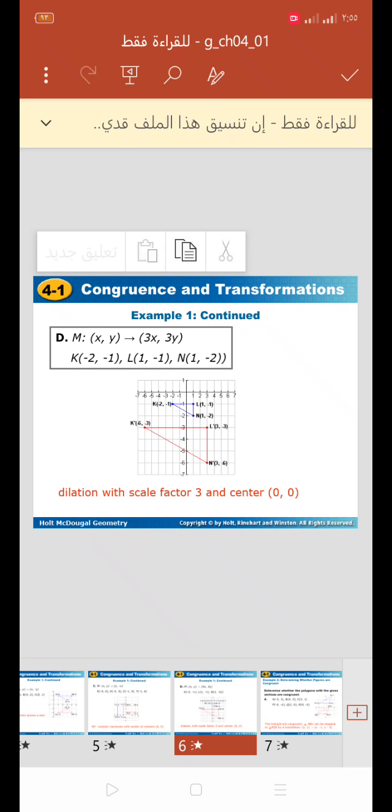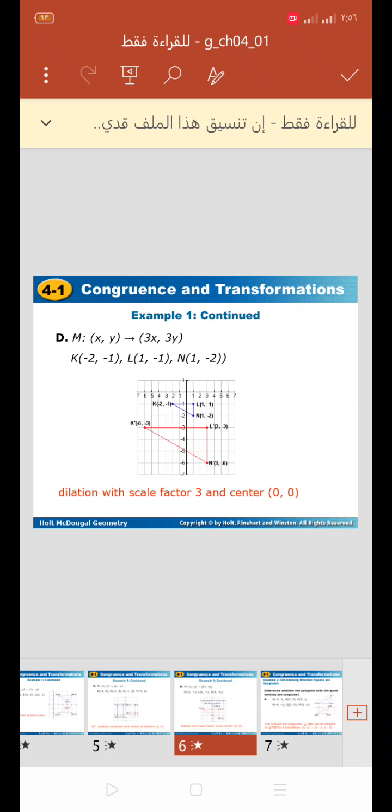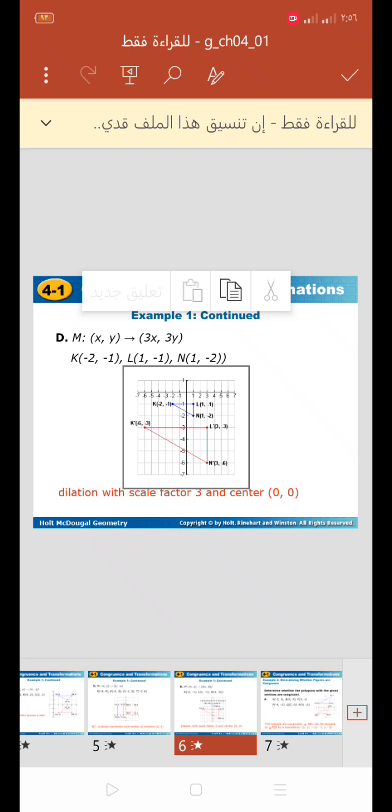So K dash: negative 2 multiplied by 3 is negative 6, and negative 1 multiplied by 3 is negative 3. So it will be (negative 6, negative 3) in the coordinate plane.